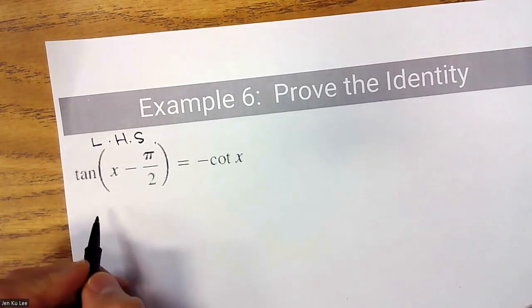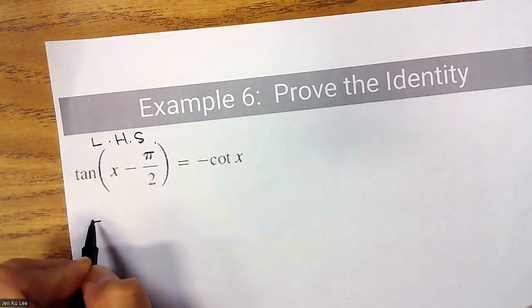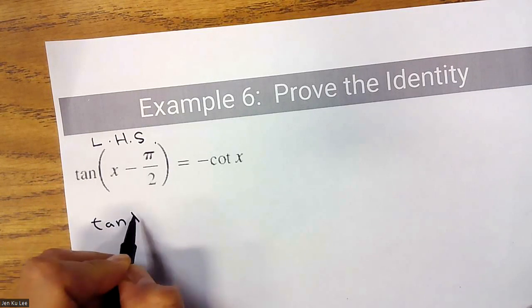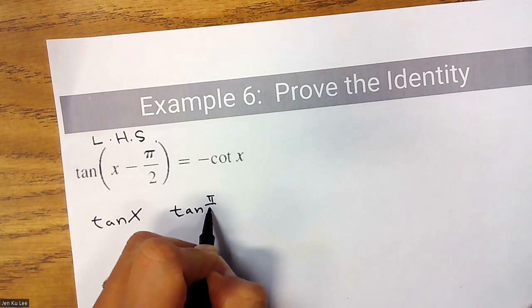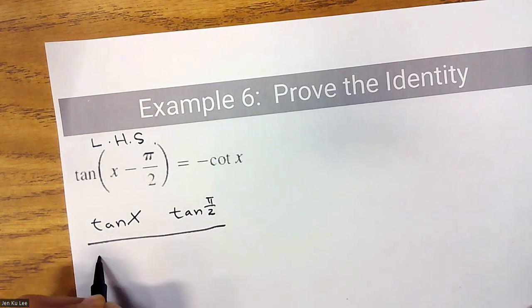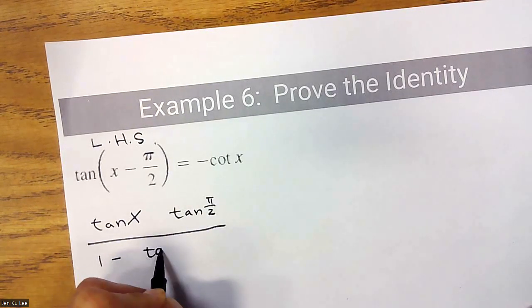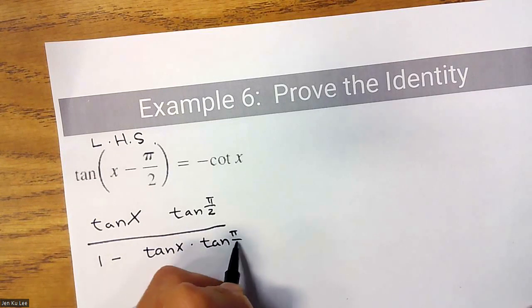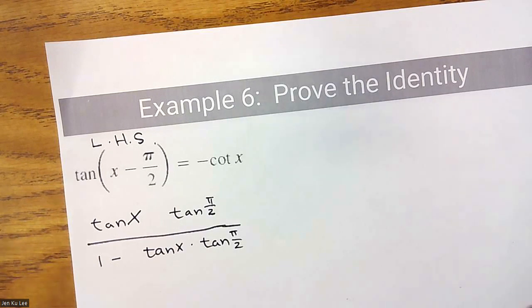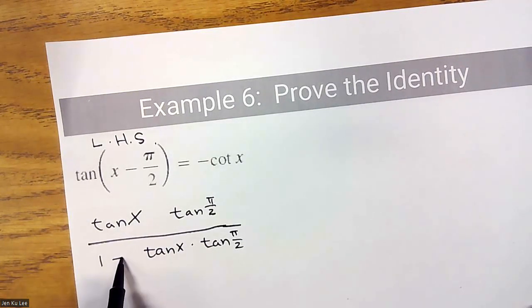Now remember, for tangent, it's going to be the tangent of the first angle, tangent of the second angle, over 1 minus the product, tangent of x times the tangent of pi over 2, right? And in terms of the signs, oops, I don't know if it's minus or plus.